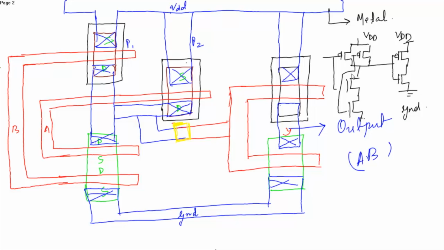You can see exactly this is represented. We forgot a contact. Same VDD, common VDD. Then this is the common ground. This is the source. This is the gate. This is the drain. This is the drain, gate, and source. All the sources are connected to VDD. The sources of the NMOS are connected to ground. You can see exactly this schematic is represented in the layout.